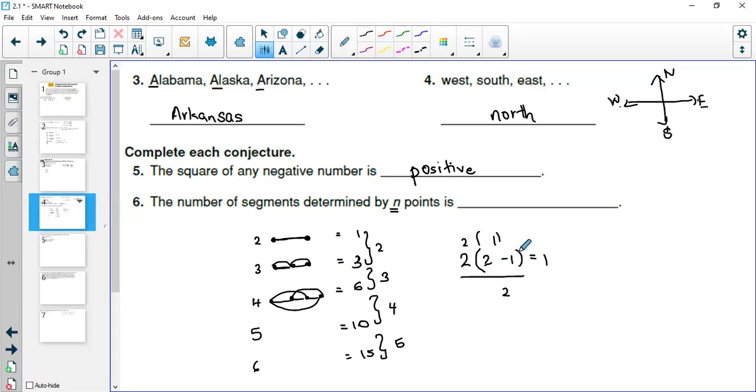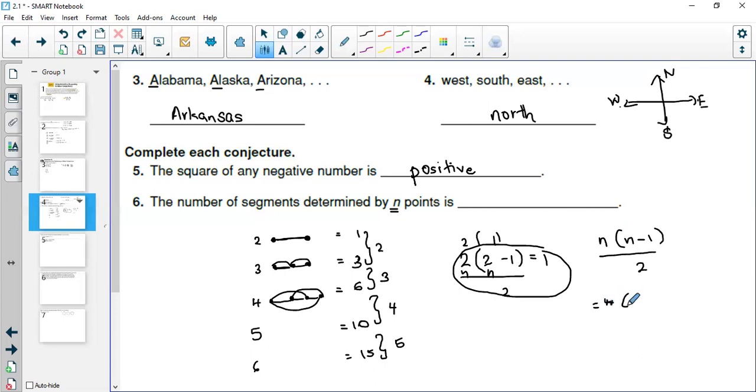So let's try whether this formula is working with all the patterns. Instead of 2, let's keep this as n now. Instead of 2, let me take 4. So what's the formula we derived right now? n times n minus 1, divided by 2. So instead of n here, I'll put the number of points as 4.